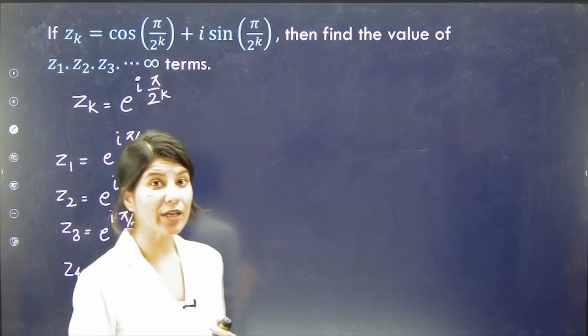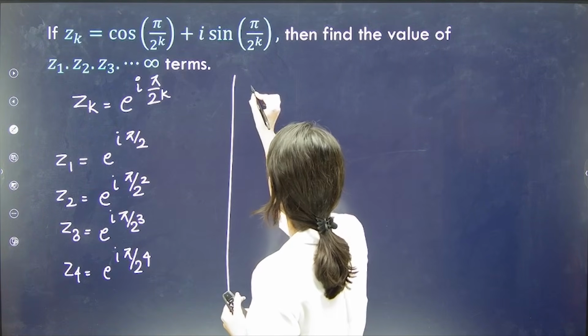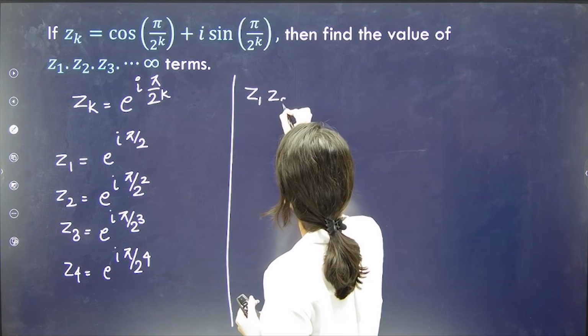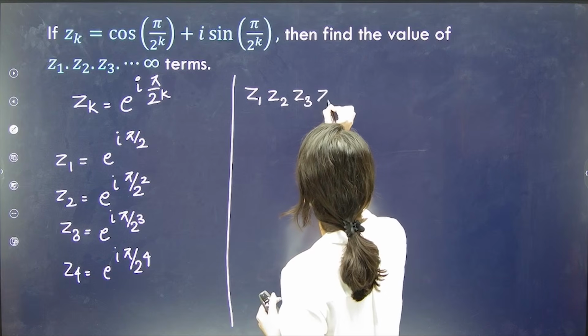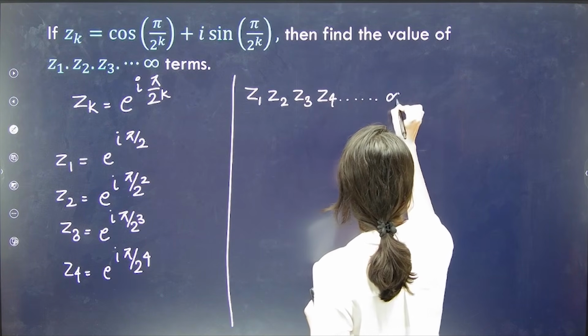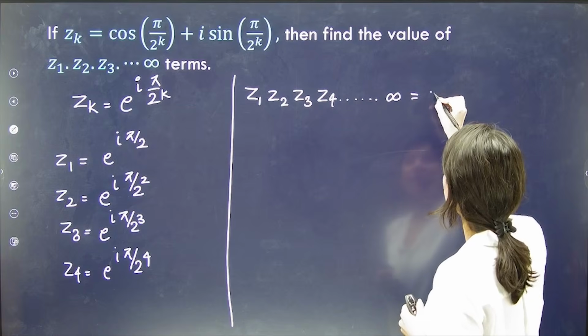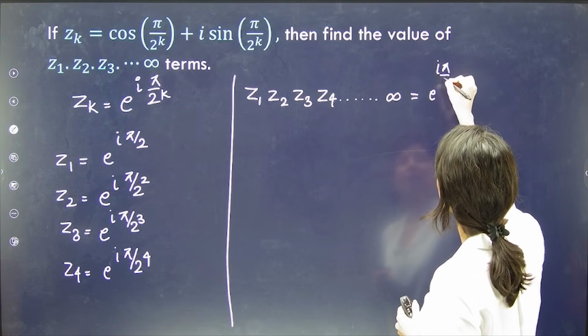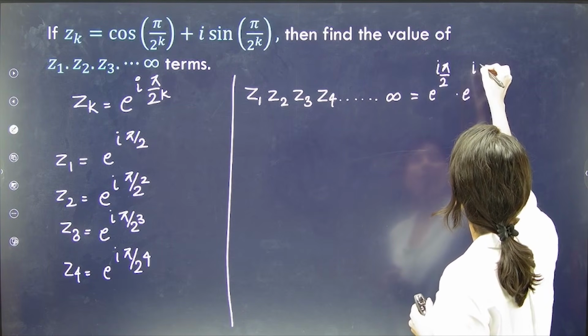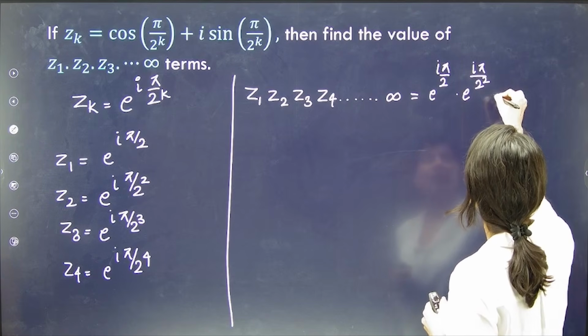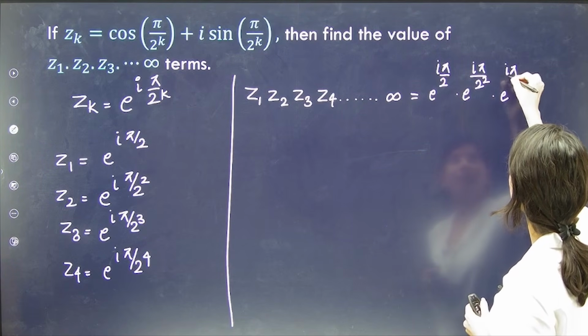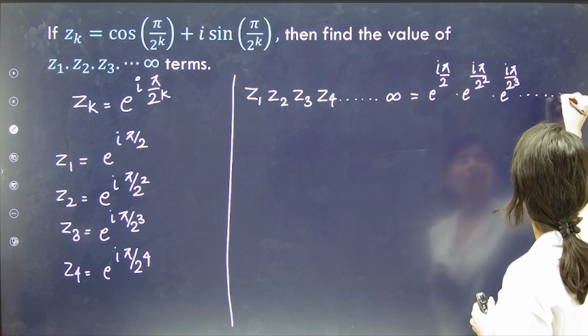Right? We need to take product. Z1, Z2, Z3, Z4 and all the way up to infinity is equal to what? E raised to power iota pi by 2, e raised to power iota pi by 2 square, e raised to power iota pi by 2 cube and all the way up to infinity.